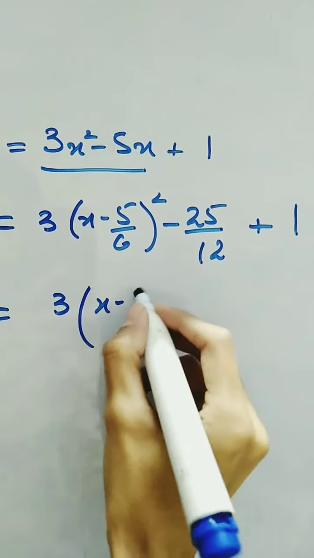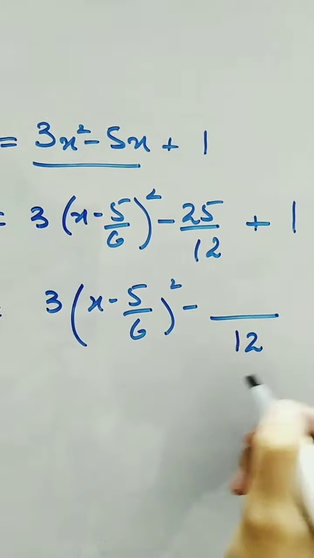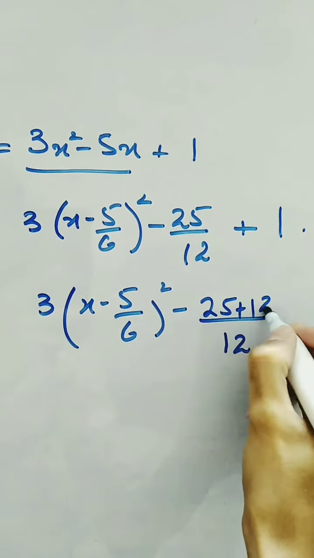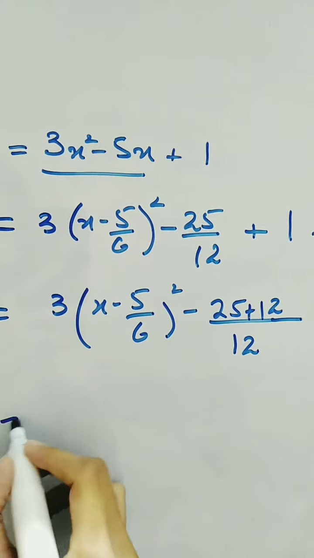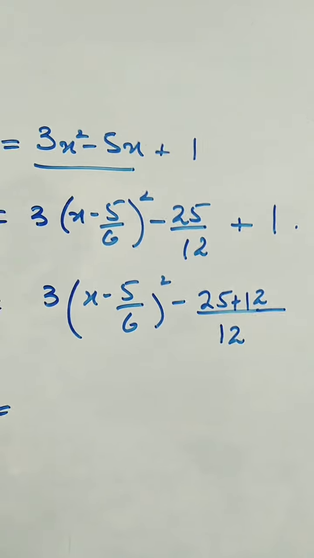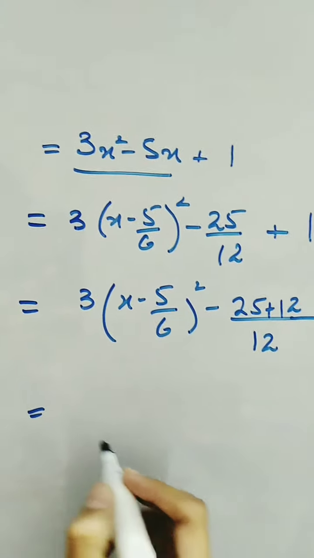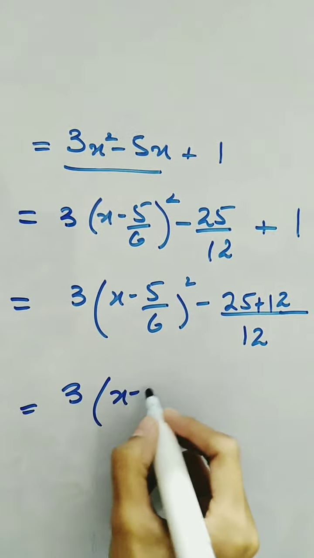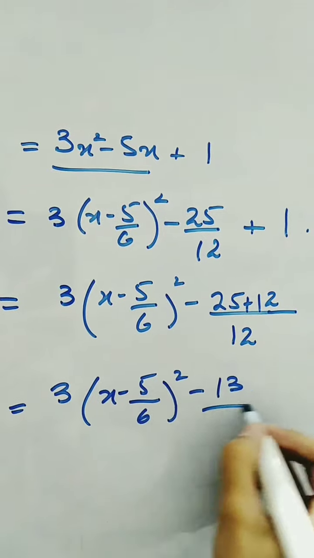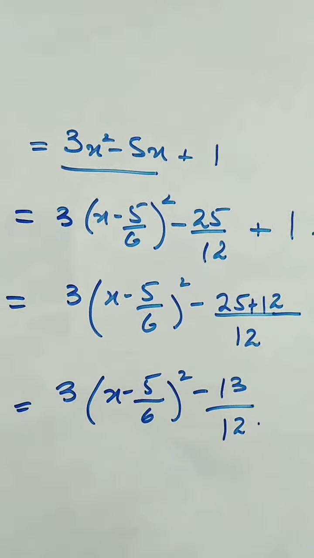On further solving, we are going to take the LCM here and we will have 3 times x minus 5 over 6 whole squared minus 13 over 12, as this is in minus and this is in plus.